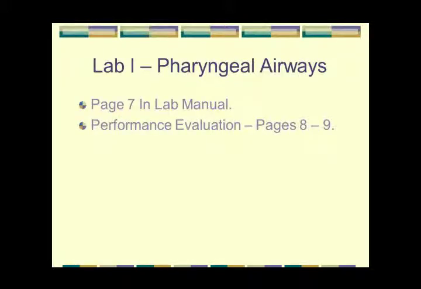All right, so there is a lab in there. We're not gonna go through the lab, but you probably will want to review the material, especially the questions at the back. Take a look at page 8 and 9 of the lab manual. Is that the right pages? It should have the PEs there.